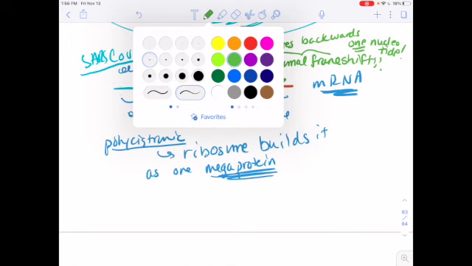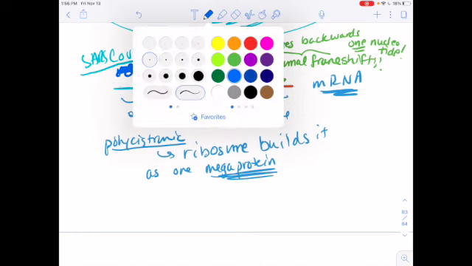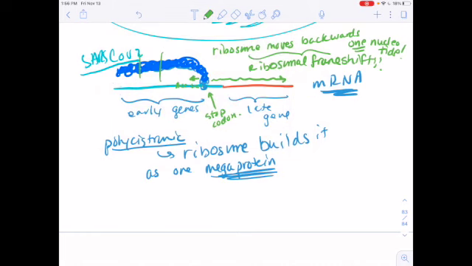I need a different color. I can't remember what color we had here, but let's say we've got this thing here. It needs to be chopped into its individual proteins. And it's chopped into its individual proteins by one of these, which is called a protease.